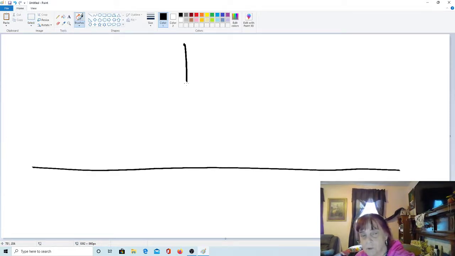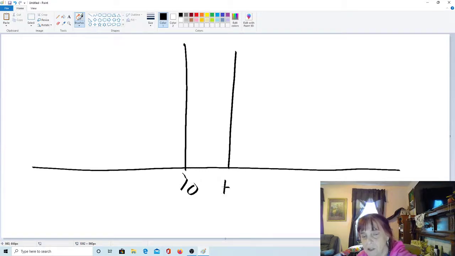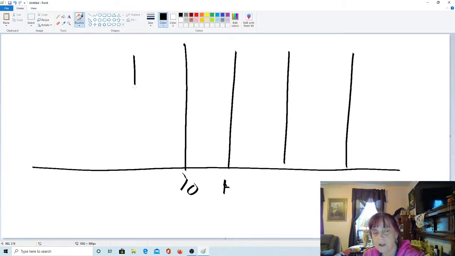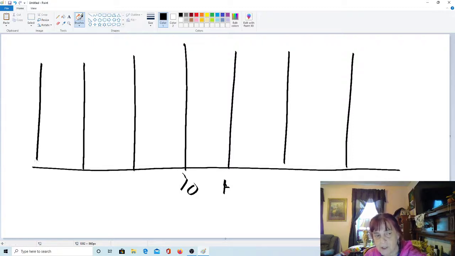Okay, now here's the normal curve. Here's the mean. The mean is 70. This is 1 standard deviation above the mean. Here's 2 standard deviations above the mean. Here's 3 standard deviations above the mean. Here's 1 standard deviation below the mean, 2 standard deviations below the mean, 3 standard deviations below the mean. Here you have 34% and 34%.